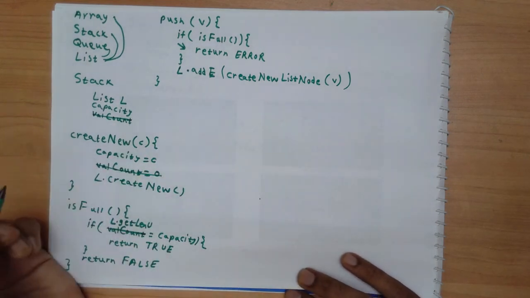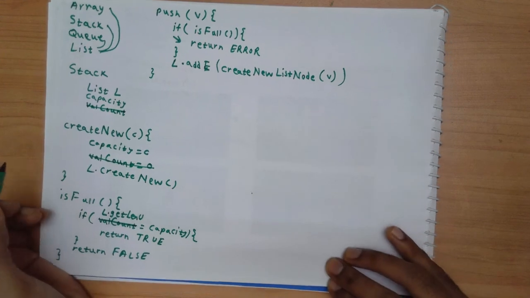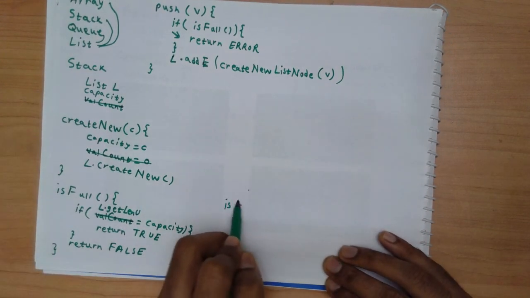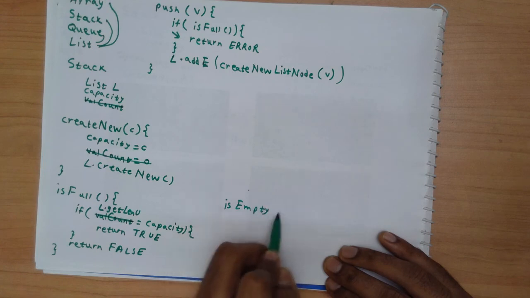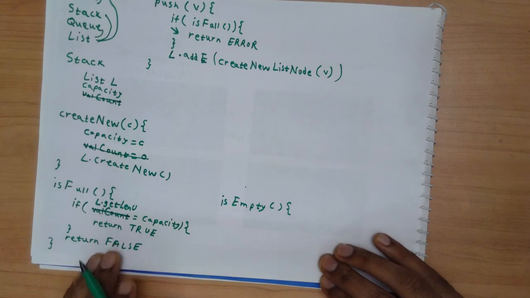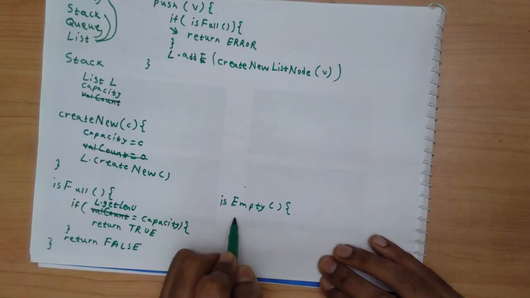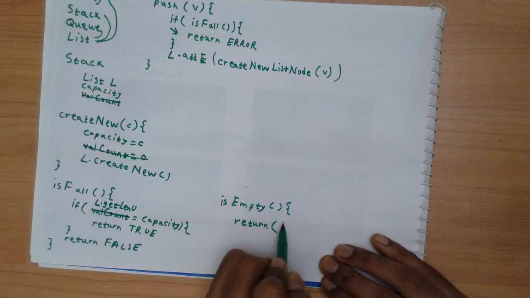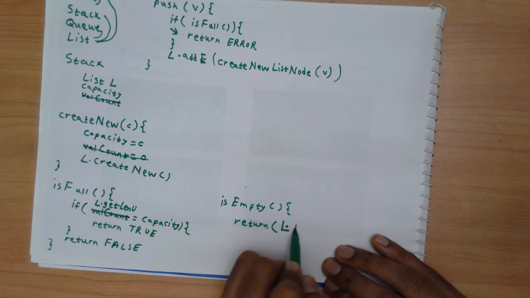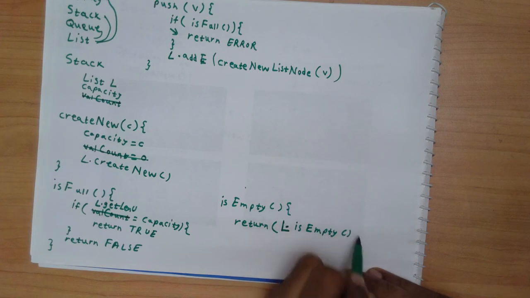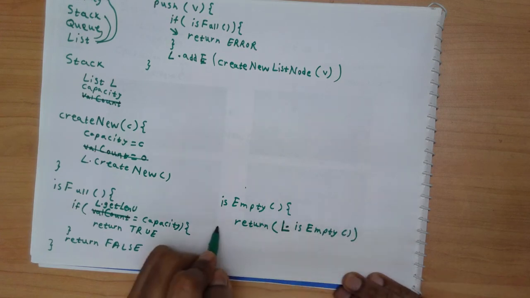So now we have to consider the pop operation, and for pop we require the is empty operation. So I'm going to have the is empty operation, and now we will do it simply in terms of the list. We'll basically return the result of l dot is empty. If the list is empty, the stack is empty.